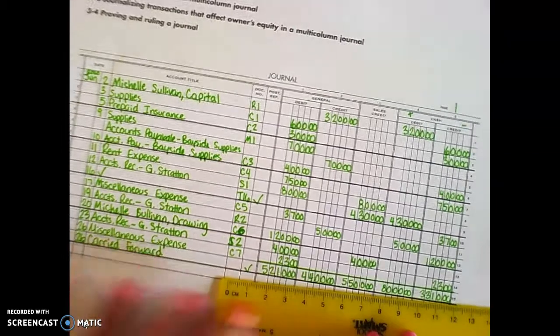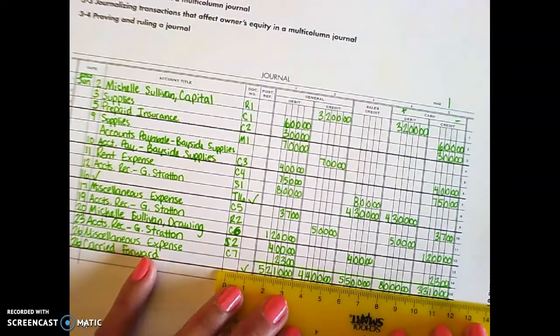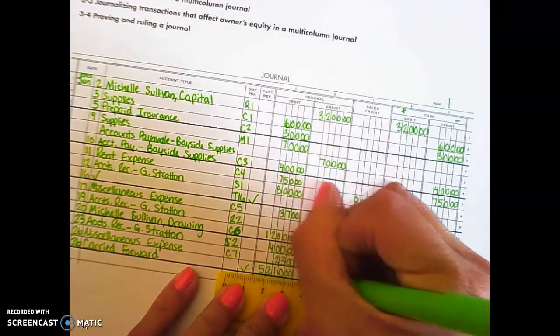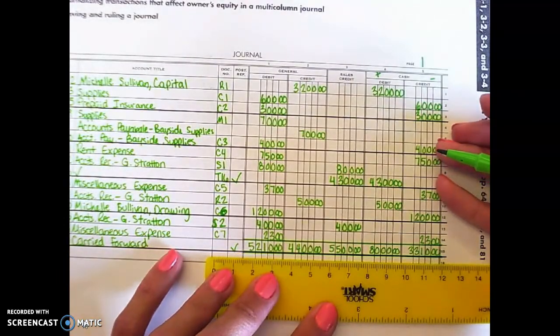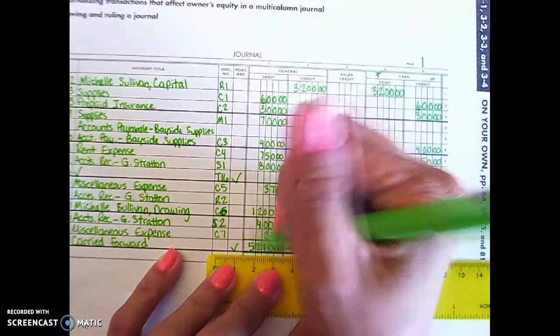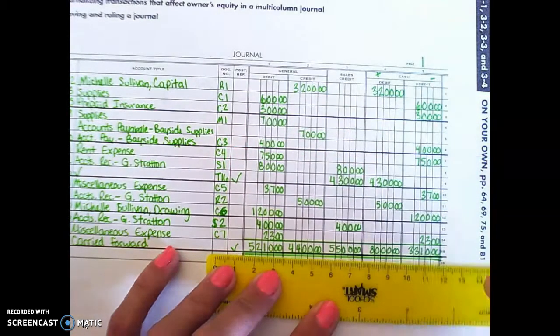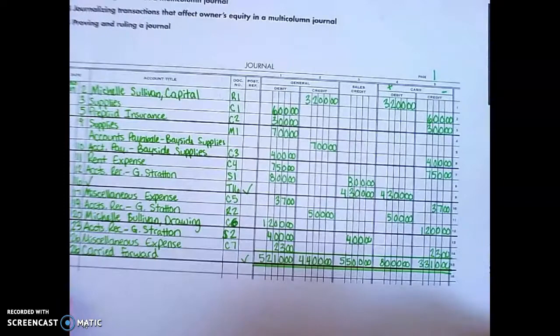And since they equal, we'll consider them good. Now they could equal and still be incorrect if you just wrote down wrong numbers everywhere. We're going to go ahead and double rule. So I got one line, which is hard to see on that one, and then one more to double rule.